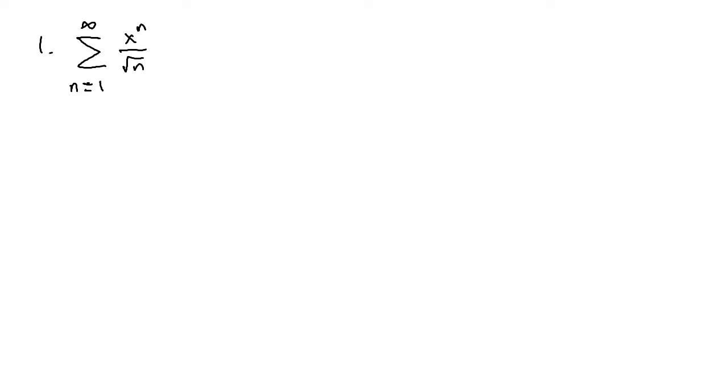Now it isn't really a good idea to use the root test here, so we have to use the ratio test. So once again, for the ratio test, we set the limit as n approaches infinity of x to the n plus 1. Wherever we have n, we replace it with n plus 1, over the square root of n plus 1, divided by our regular sequence, x to the n over square root of n.